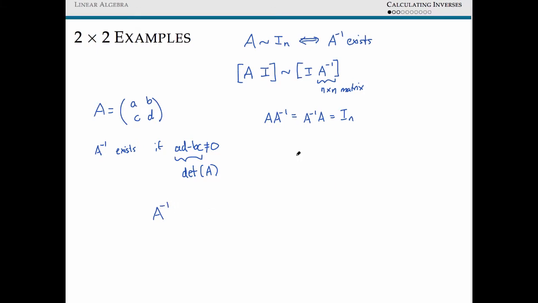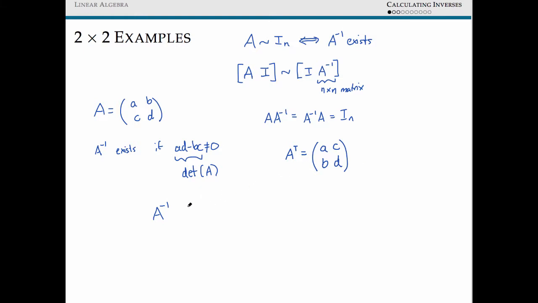We'll compute it by taking initially our transpose. Let me make this look a little closer. Our transpose of our matrix just exchanges our entries B and C and leaves our A and D fixed.